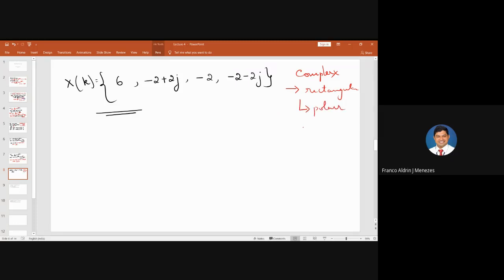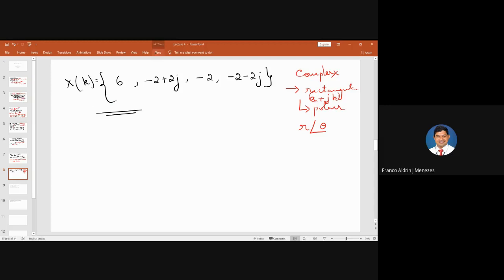Polar form is r at an angle theta, where r is the magnitude and theta is the angle. So enter a plus j times b, and you will get r at an angle of theta. I don't insist you do the theoretical calculation of taking the square root and the tan inverse. Use a calculator, enter the values in rectangular form and directly convert to polar form.